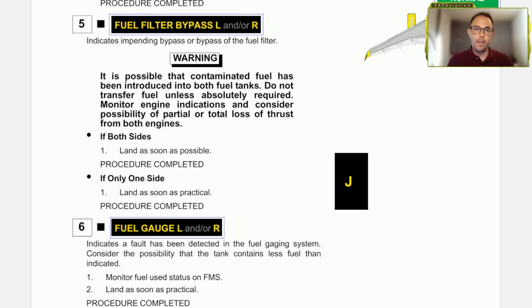That means, hey, you have a problem, but not that bad. You can still find a good place to land where you have good emergency services or handling for your passengers. You still have time and you still can fly. When it says possible, it's like, hey, right away, go down, put it down safely anywhere you can.